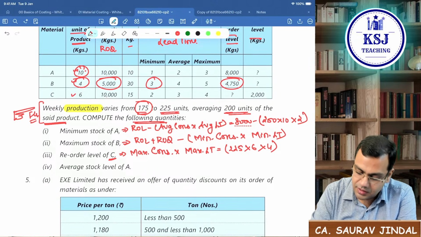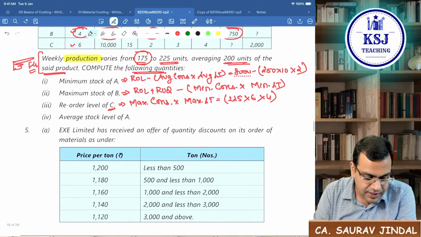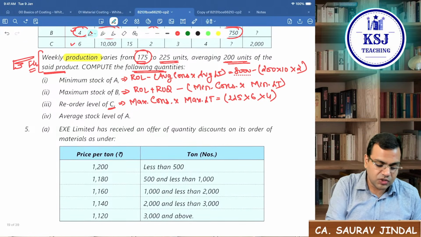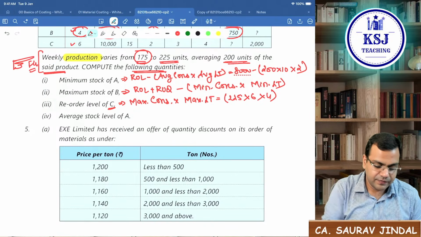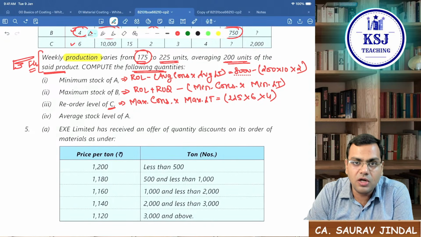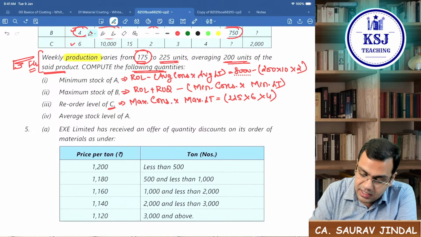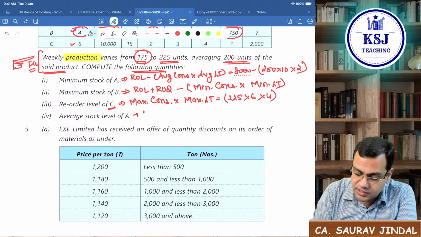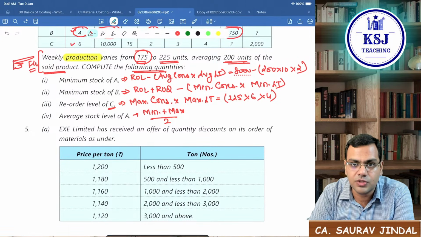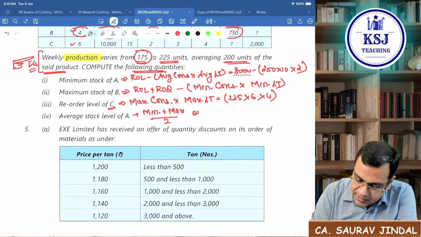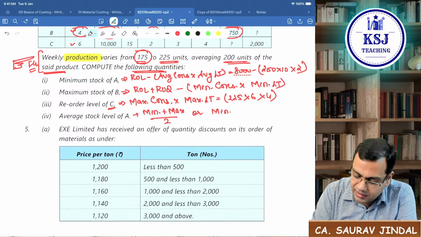Clear? Next is the average stock level of A. How do you calculate the average stock level? One of the formulas that we can use is minimum level plus maximum level divided by 2. Another formula that we can use is minimum level plus half of ROQ.